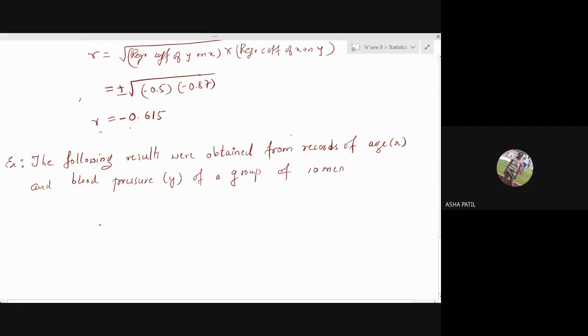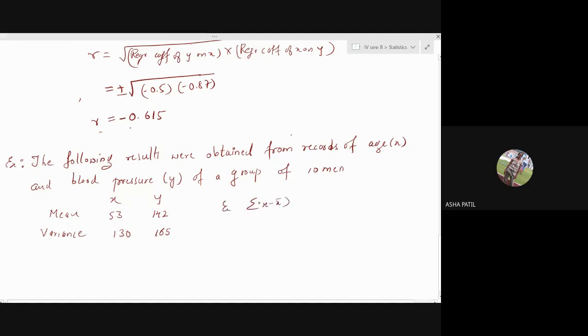So what information was given? It is mean and variance. For X and Y, that is for age and blood pressure, mean is 53 and 142. Variance is 130 and 165.